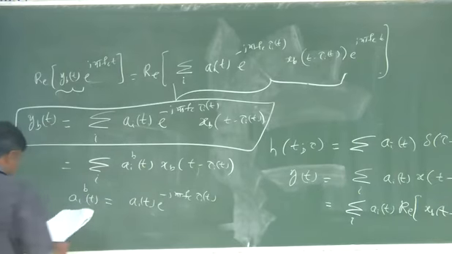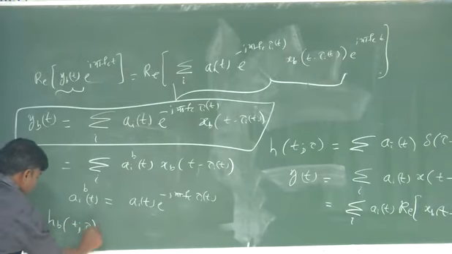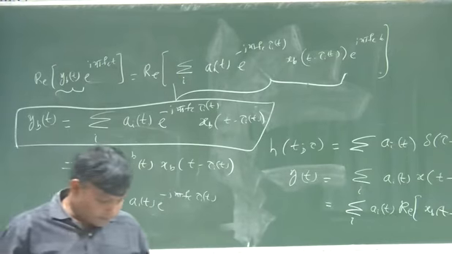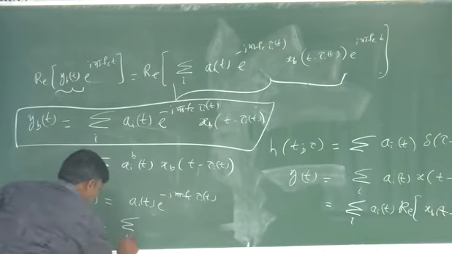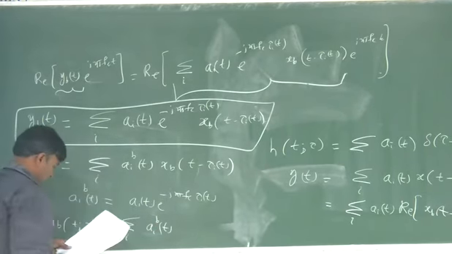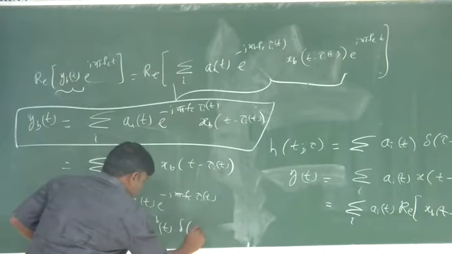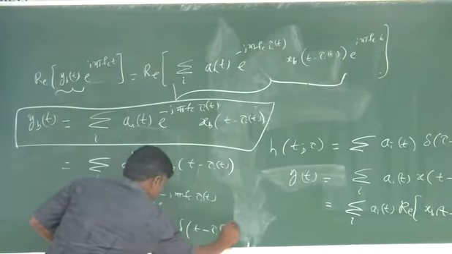Are we ready to define the baseband equivalent response? Can you tell me what it is? Summation over i of a_i b(t) delta of tau minus tau_i(t).